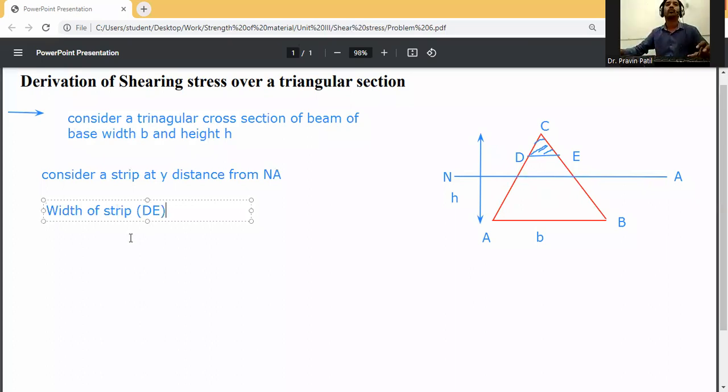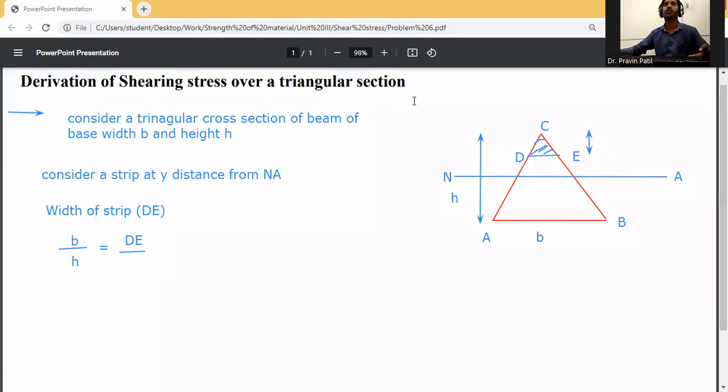Okay. So we know that by similar triangles, b by h is equal to DE divided by x. Just assume this height is also small x.